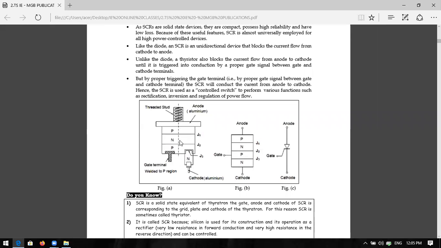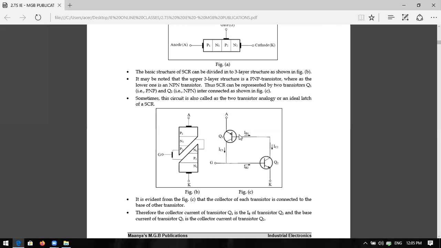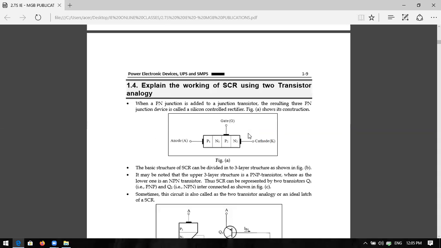It just appears like two transistors are connected back to back. That is the reason the SCR working can be analyzed through the two transistor analogy. It is just for the purpose of analysis only that we go to this device structure.